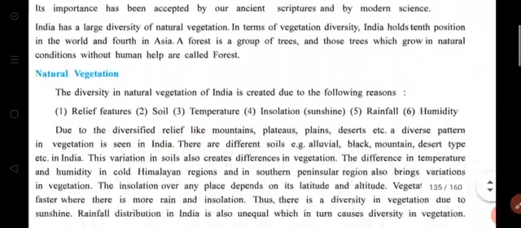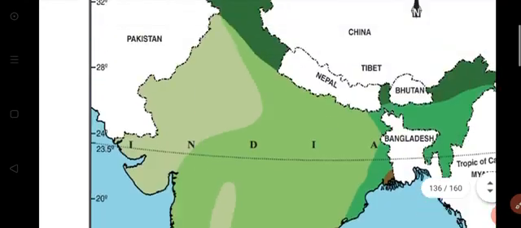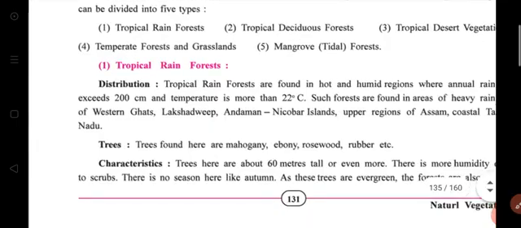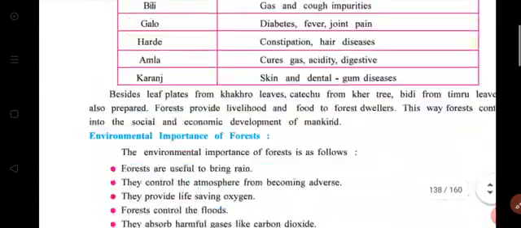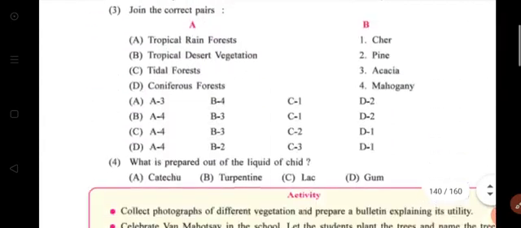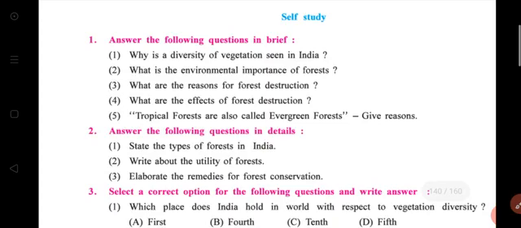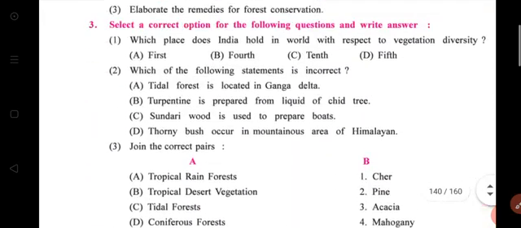Okay. Page number 131. Chapter started. Okay, good. So come to the exercise. In your fair note, chapter number 17, you write the MCQs.